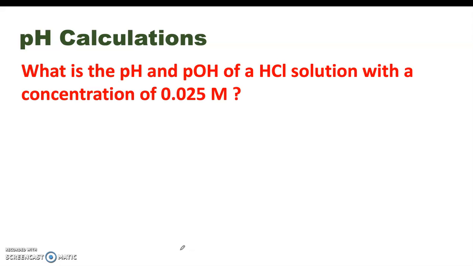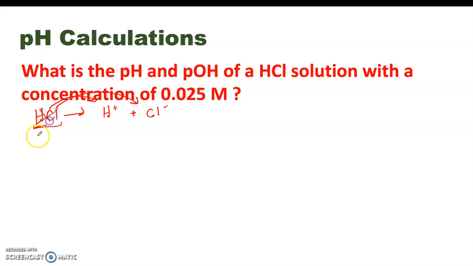What is the pH and pOH of an HCl solution with a concentration of 0.025 molar? So again, this is an acid, so I'm going to write out the dissociation reaction. All that means is that I take the H and the Cl and I split it up. So I know that this is a strong acid, so that means that 100% of it breaks up.